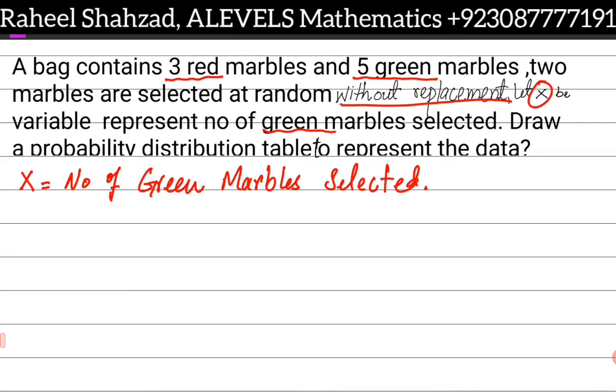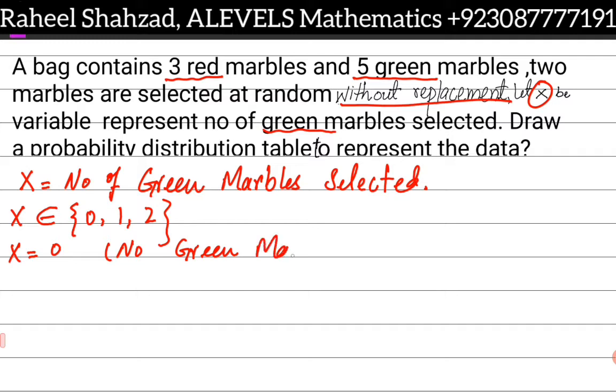So now what are the possible outcomes we may have? X can be 0, 1 or 2. When we say X is equal to 0, what do we mean? We have no green marbles.